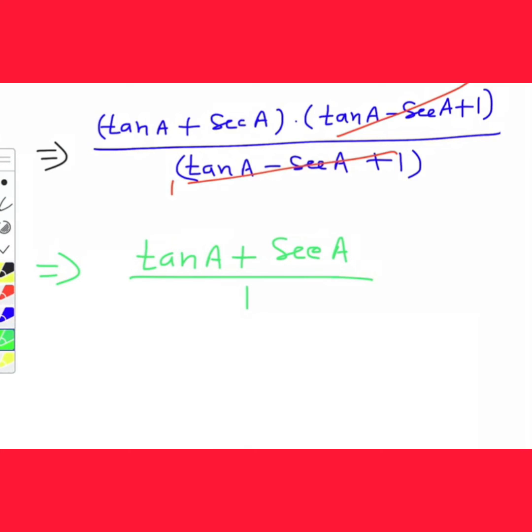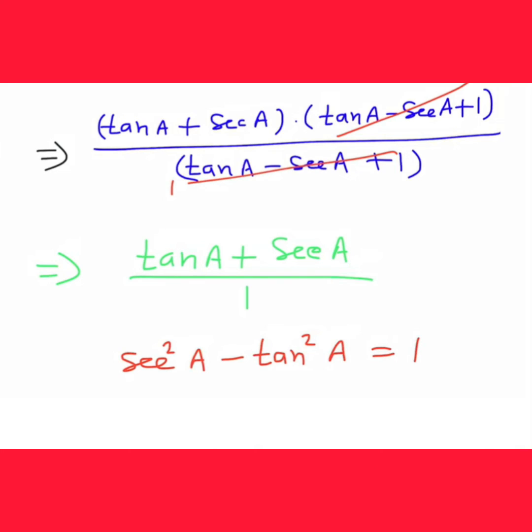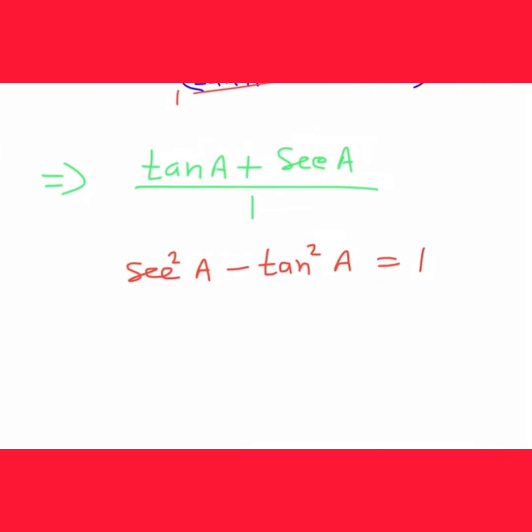Now again here we will use this identity: sec square A minus tan square A equal to 1. So we will replace this 1 by this identity. Okay dear?